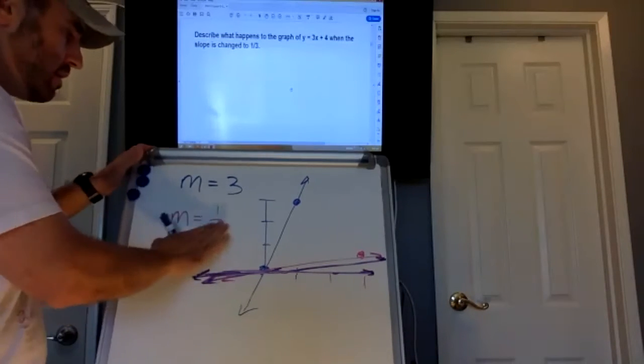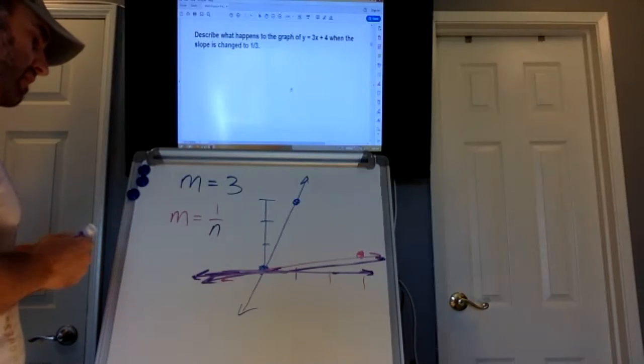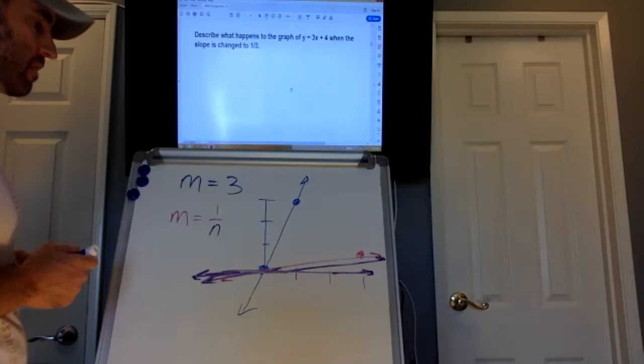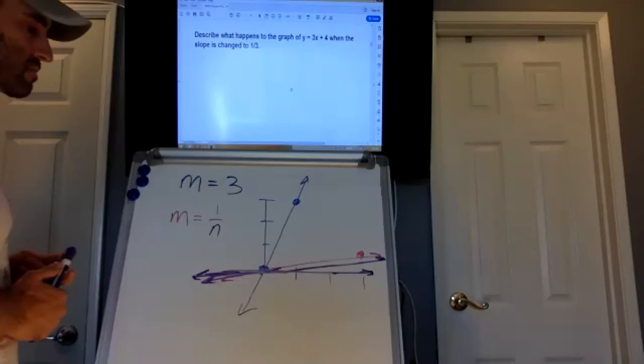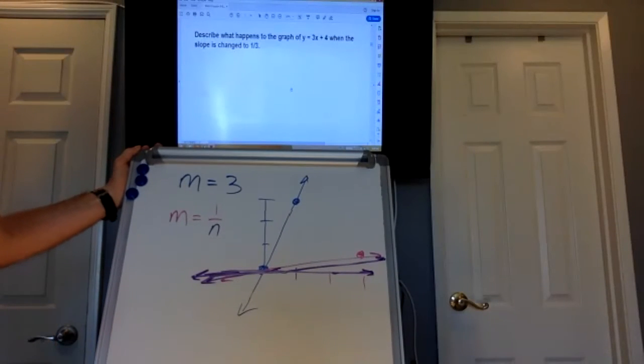Make the denominator a variable n, and let n go to infinity. If you increase the denominator, it's going to keep flattening out. What happens to the line if n goes to infinity?